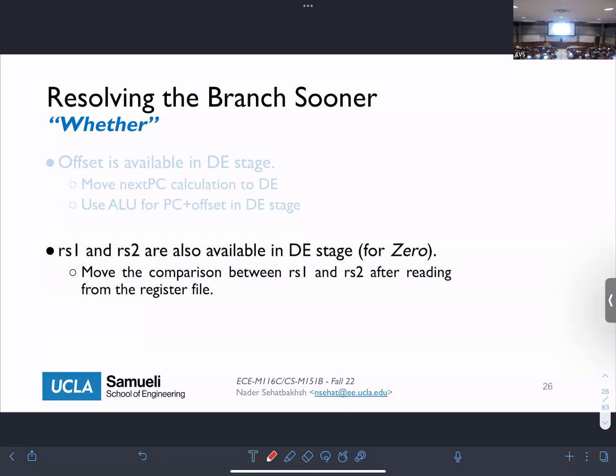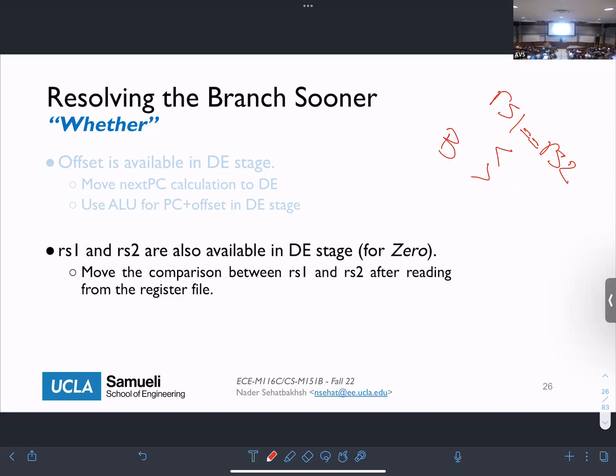The interesting thing is that the whether part can also technically be resolved in the decode stage. Why? Because if you remember, our branch instructions are essentially some comparison between RS1 and RS2, right? So for example, for equal it was this, for less than it was this, for greater than it was this, and so on. If we have RS1 and RS2, which we actually have in our decode stage, all we need to do is apply that comparison, whatever that is, whether it's equal or less than or whatever.